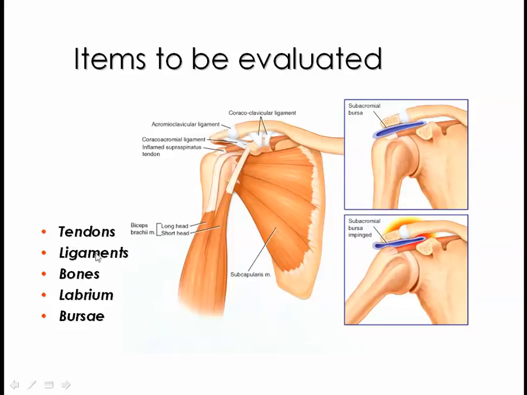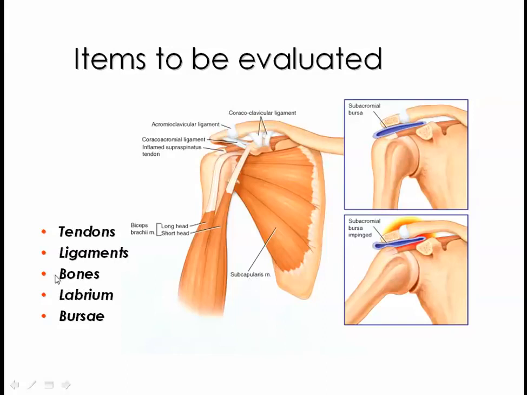Then we have 3 ligaments, which are the superior, middle, and the inferior glenohumeral ligaments. There are some other ligaments, but these 3 are the most important, and I will mention the remaining ligaments whenever they are important to be mentioned.